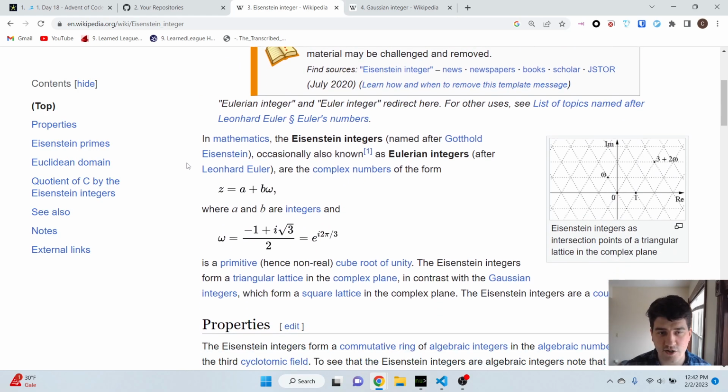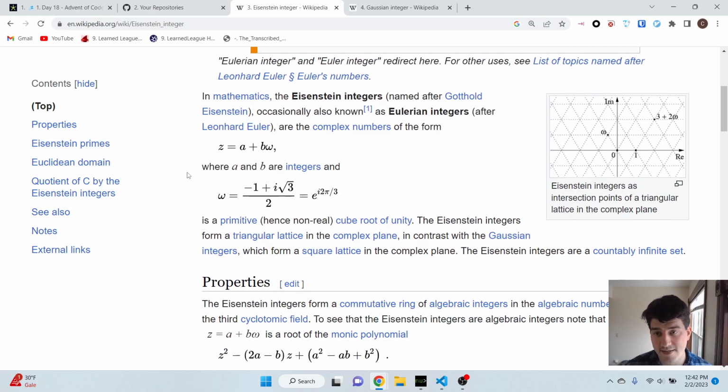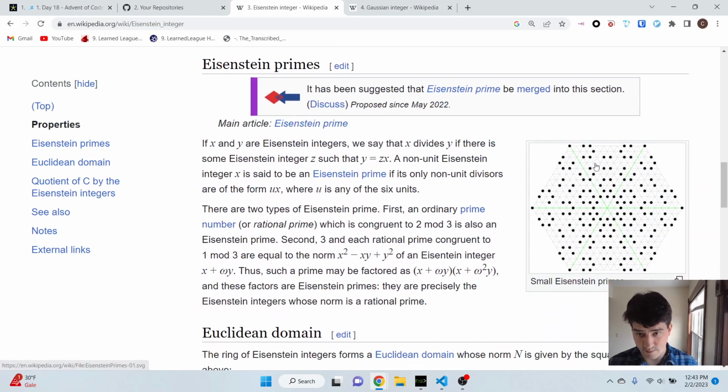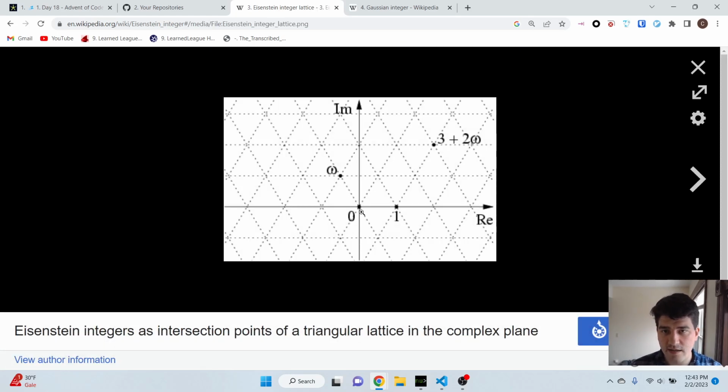So the Eisenstein integers are the same idea, but instead of using 1 and i as the two directions, you instead use 1 and plus or minus a third of the way around the circle. Geometrically is probably the easiest way to see this. We can look here. So obviously you can still go 1, but you can also go this omega, which is a third of the way around the circle.